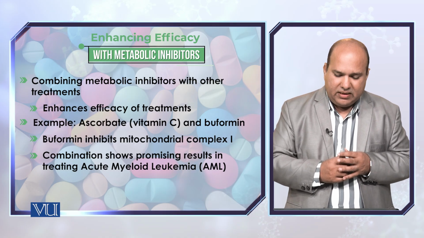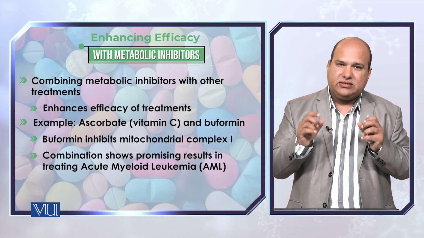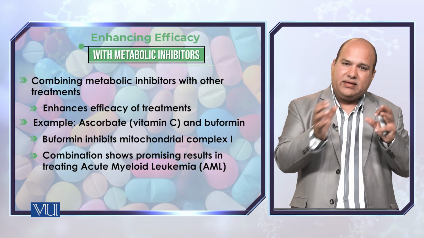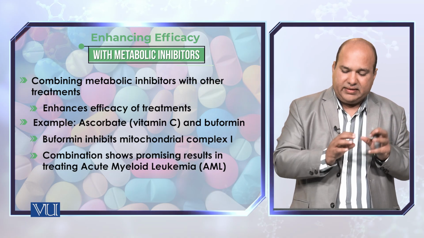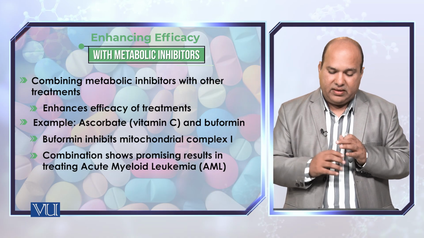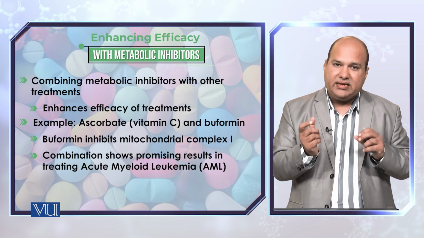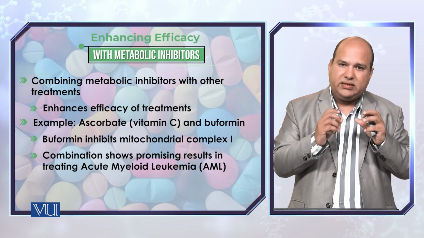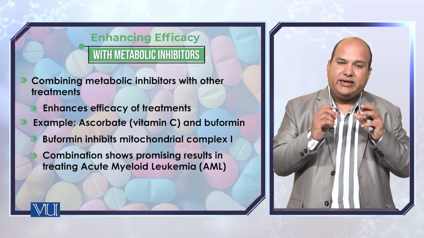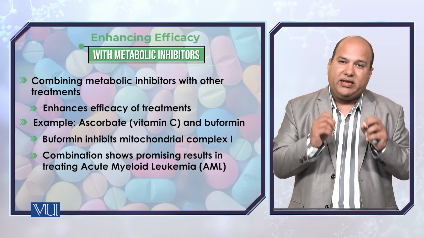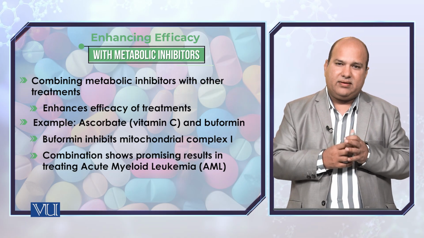For example, buformin is used to inhibit the electron transport chain, that's mitochondrial complex 1. And its combination with vitamin C has been shown to be very successful in treating acute myeloid leukemia, AML.